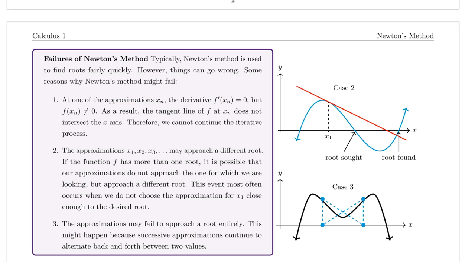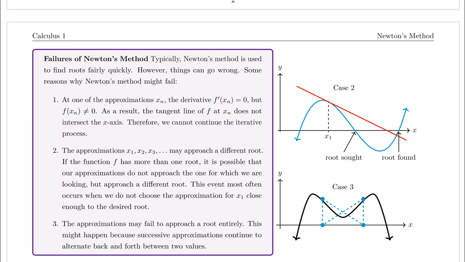Case 2 is the approximations x sub 1, x sub 2, x sub 3 may approach a different root. If the function f has more than one root, it's possible that our approximations do not approach the one for which we are looking, but approach a different root. This event most often occurs when we do not choose the approximation for x sub 1 close enough to the desired root.